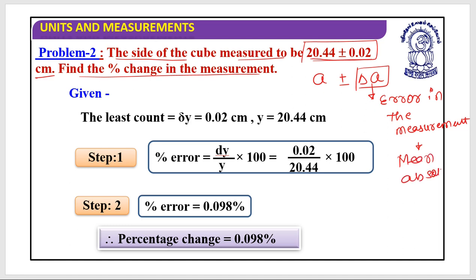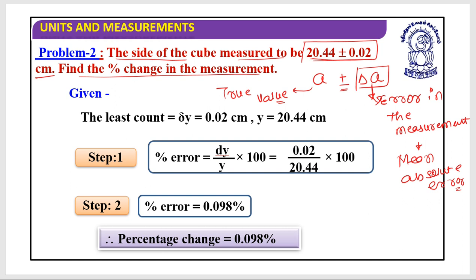Please do remember this. And A represents the true value. So you can remember it like this: whatever comes after the plus or minus sign represents the error, and whatever number is before the plus or minus sign is the true value.